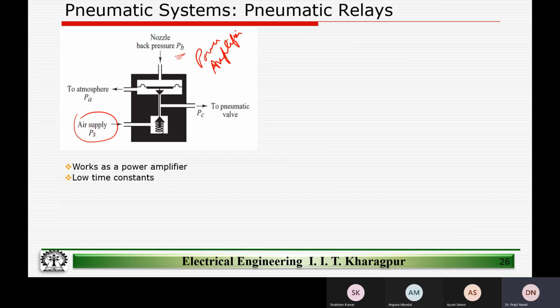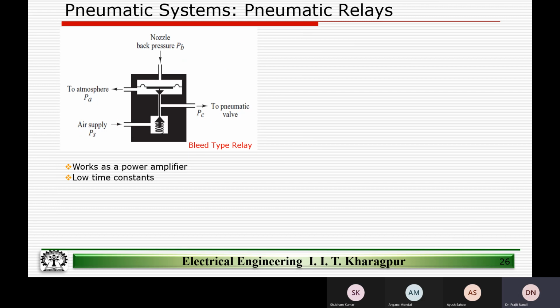This is actually an air supply, but you can think of a large battery, using which we can drive the final output signal, the control signal, which will be driving the pneumatic valve, right? So this works as a power amplifier with low time constants. These amplifiers are pretty fast.